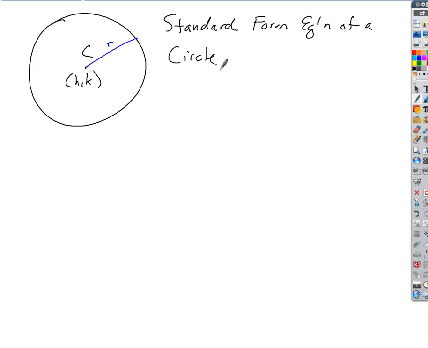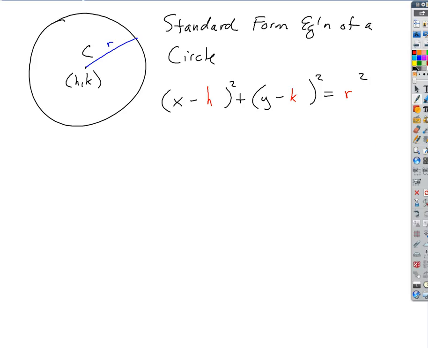What goes where? X minus H squared plus y minus K squared equals R squared, right? That's our standard form equation.